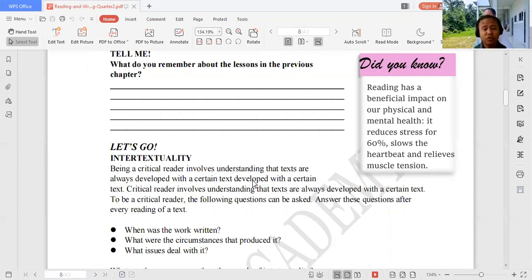Now answer these questions after every reading of a text. Number one question, when was the work written? Number two, what were the circumstances that produce it? Number three, what issues deal with it?